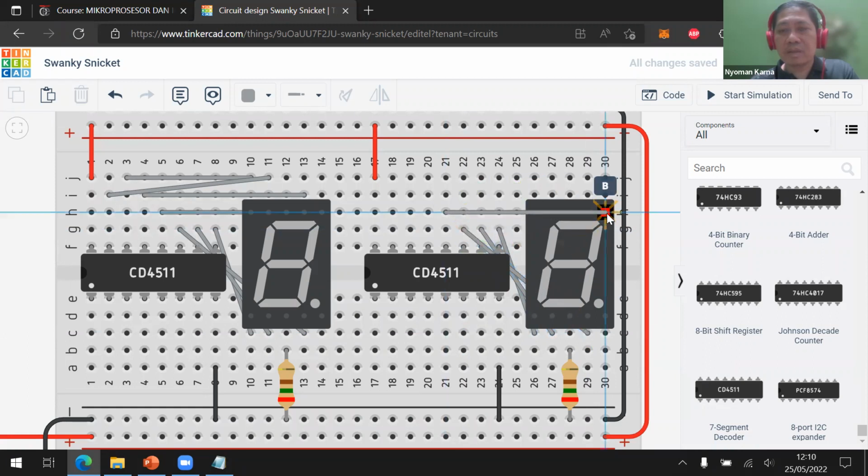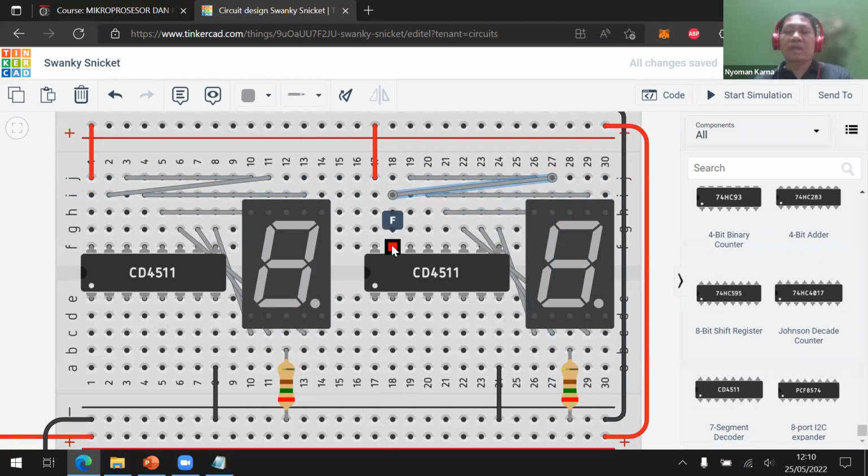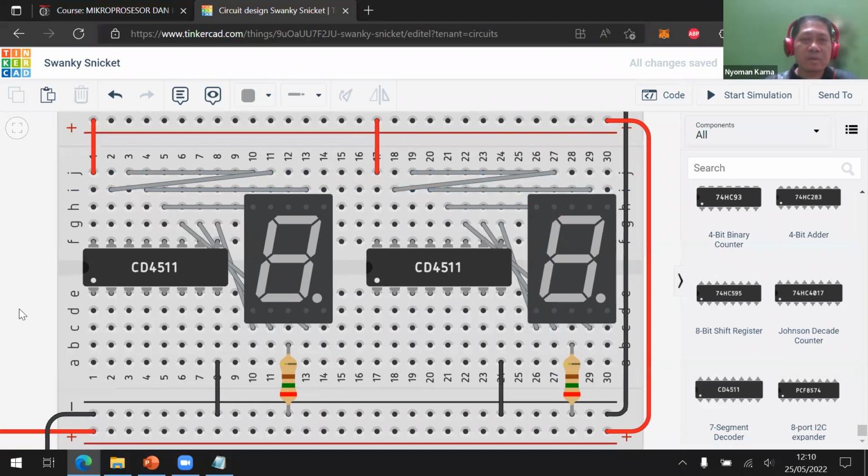B here. And then this one is A. Okay. Yes. And then this one is G. And this one is H. Oh, sorry, F, not H. Okay, finish.